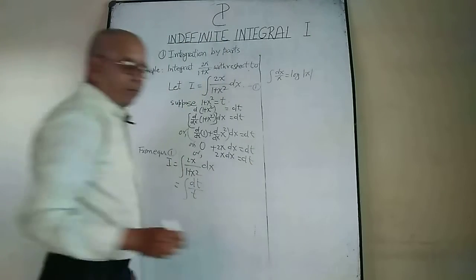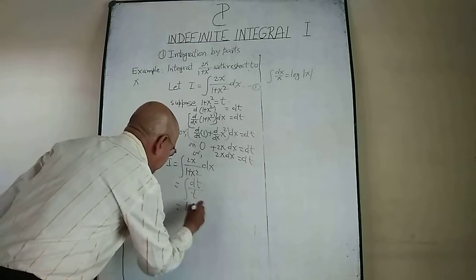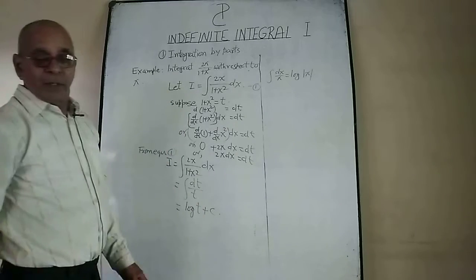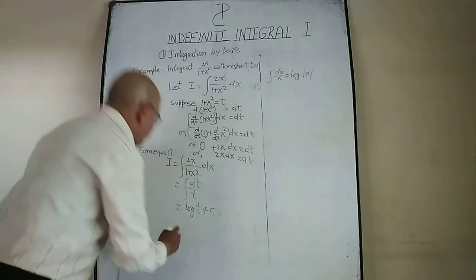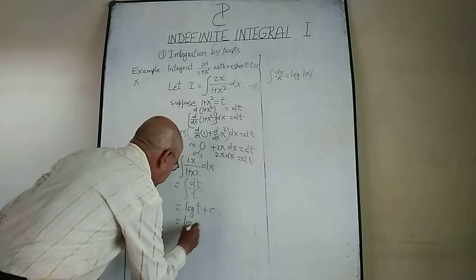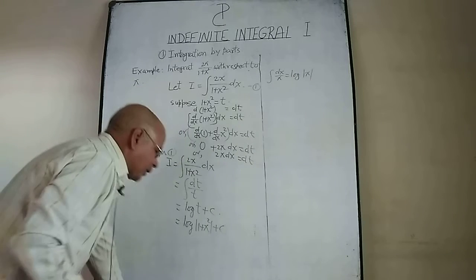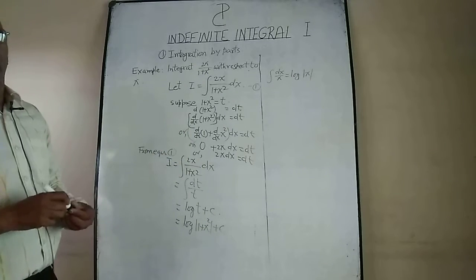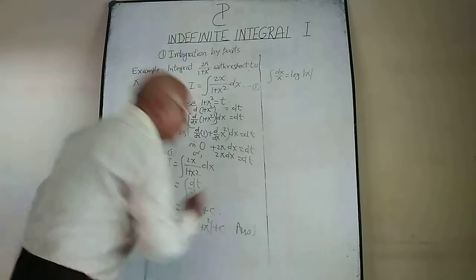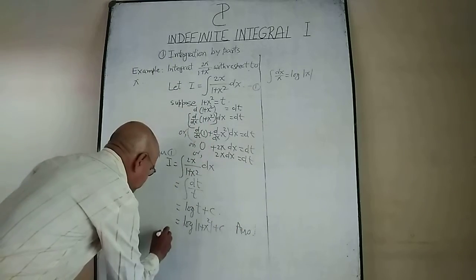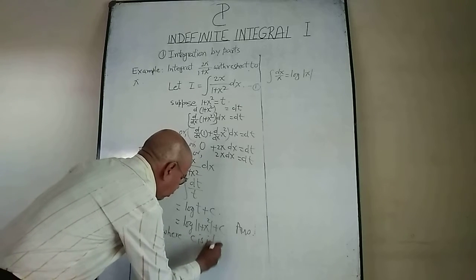It is strictly a positive quantity, and that is why it is equal to log of t plus c. What is t? T is equal to, as we supposed, 1 plus x square, so that is equal to log of 1 plus x square plus c. This is the solution of the first question, or we can say that's our answer. This c is the integrating constant.